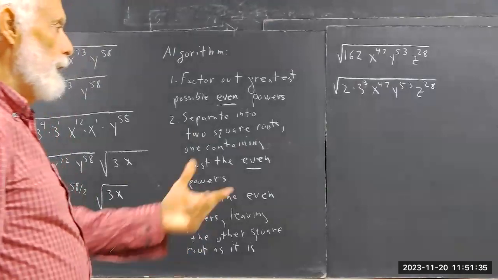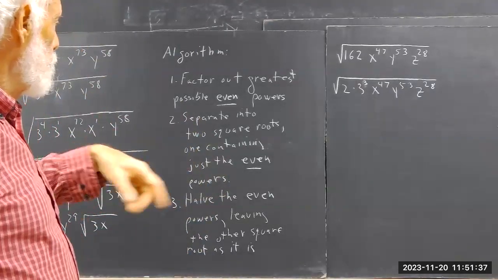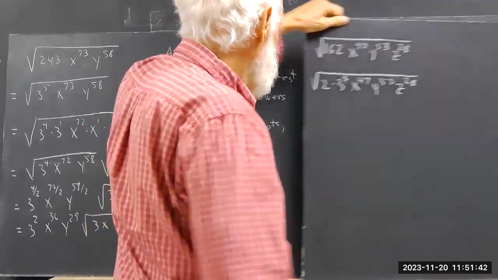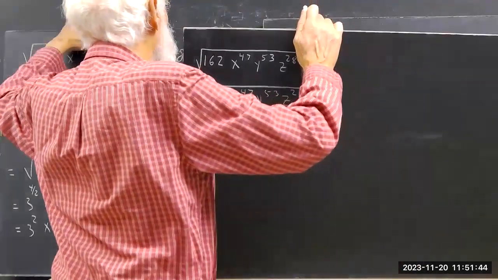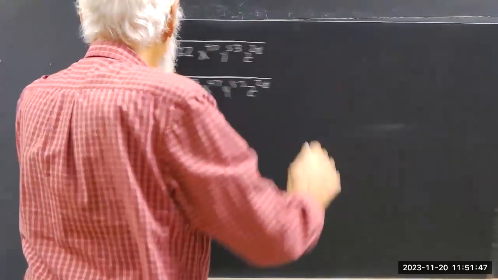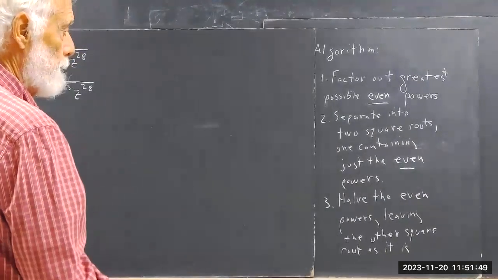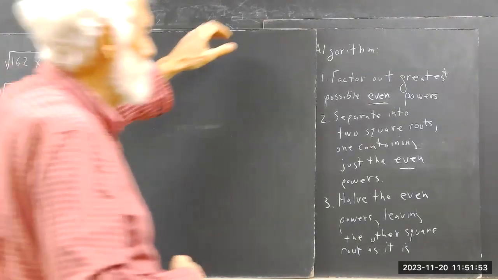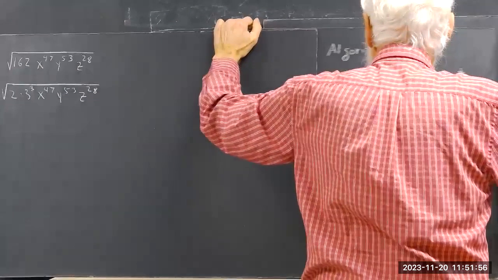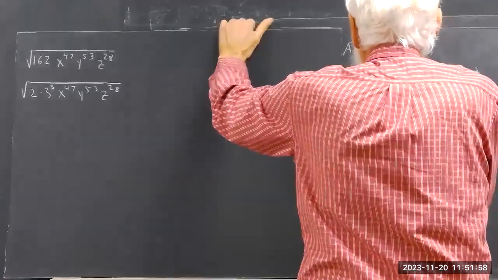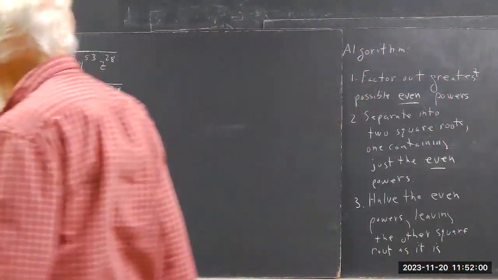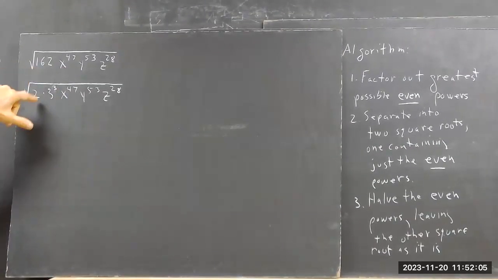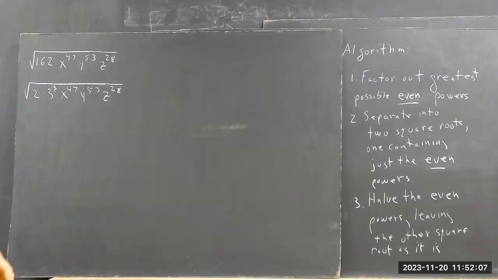Okay. Now what do we do? Well, the next step. Okay. So we have 162 is 2 times 3 to the 3rd.